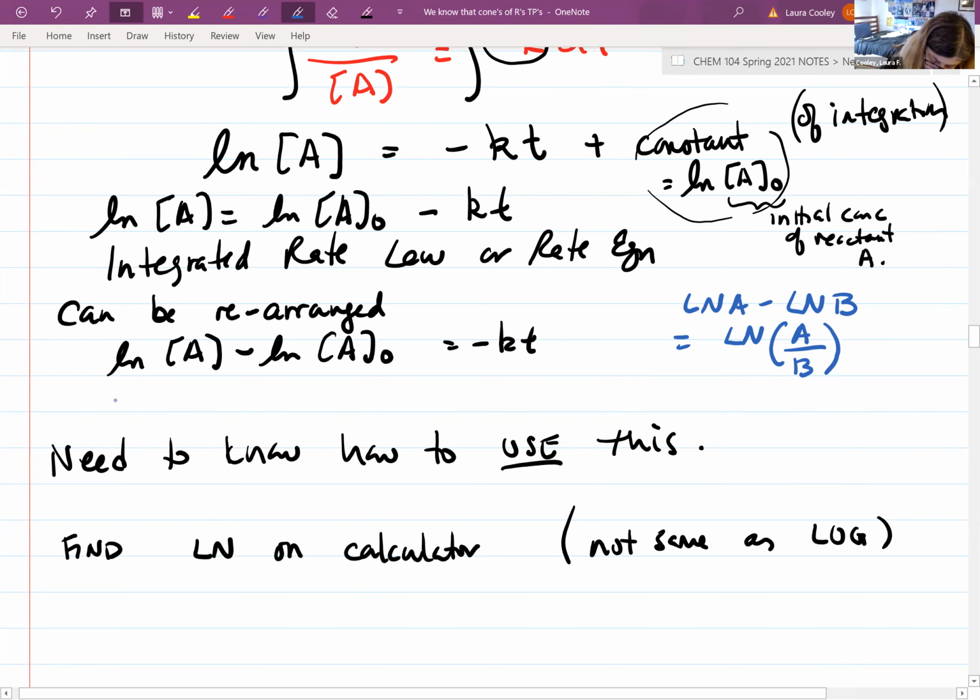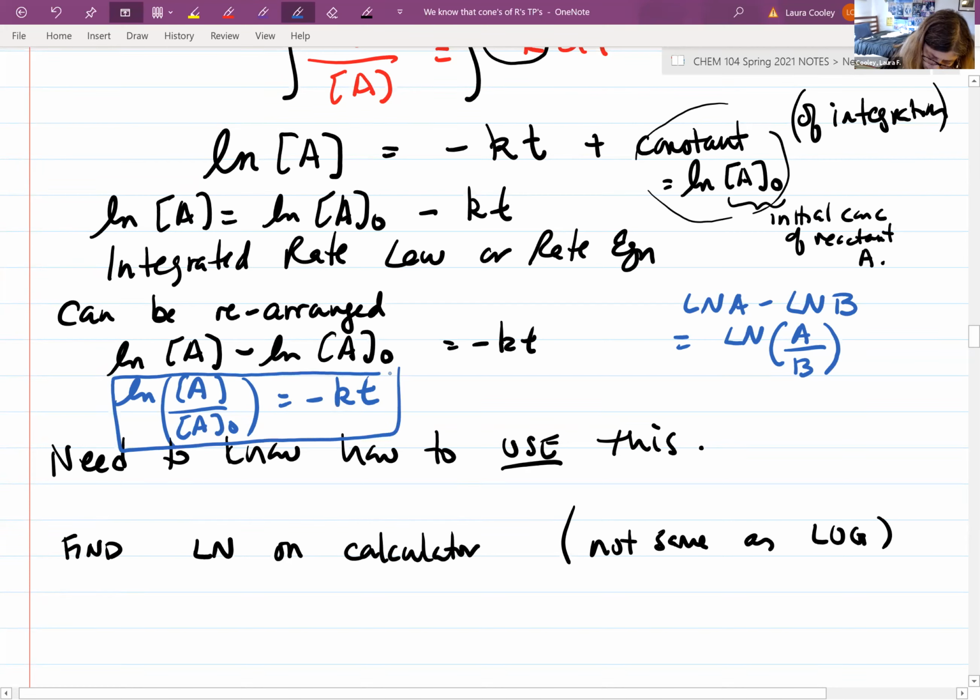So I can write this as ln(A/A0) equals minus kt. So this is another version of the integrated rate law, which we'll use later.